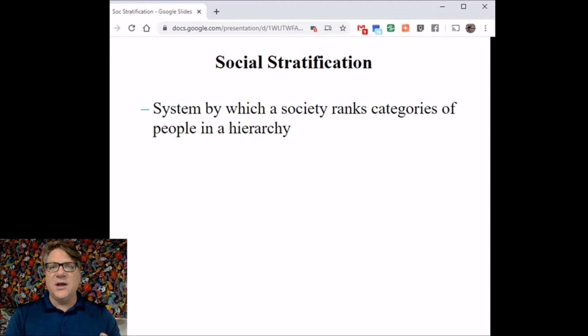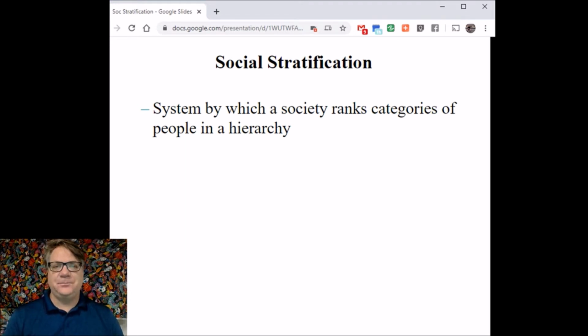So what I like to do, starting out in chapter 9, is to talk about what social stratification is and lay the groundwork of what we will be talking about in this chapter. This chapter mixes some basic terminology about what social stratification is and how that relates to inequality. And then it also talks at great length about social class.